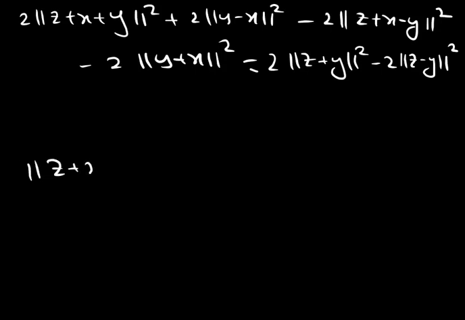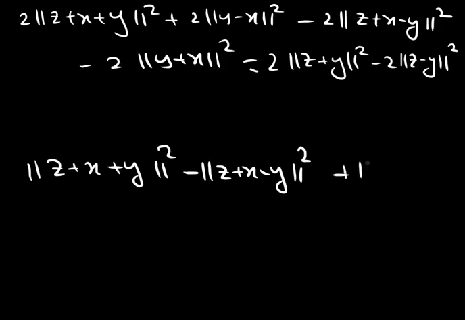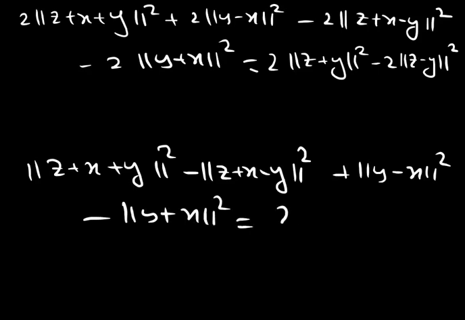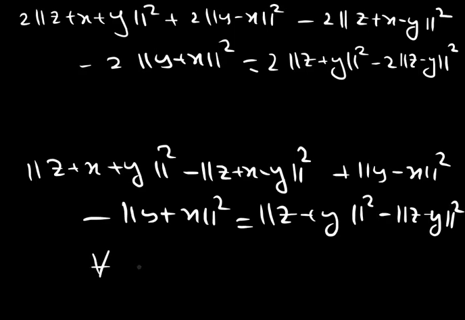Norm of z plus x plus y whole square minus norm of z plus x minus y whole square plus norm of y minus x whole square plus norm with a minus sign, whole square is equal to norm of z plus y whole square minus norm of z minus y whole square. Okay. Now this is true for all x, y, z belonging to H, or rather B here in this case.